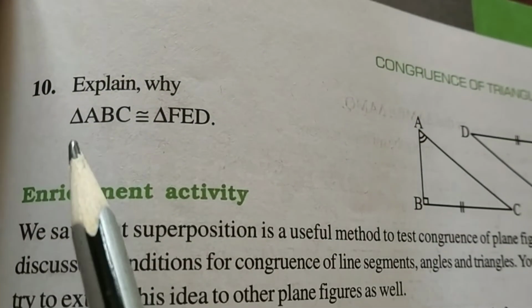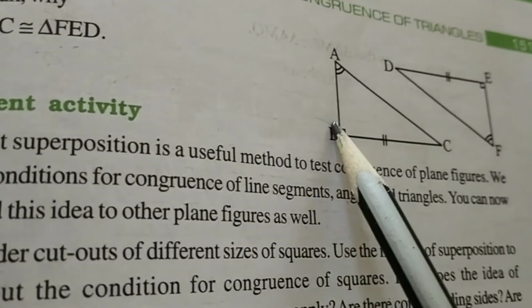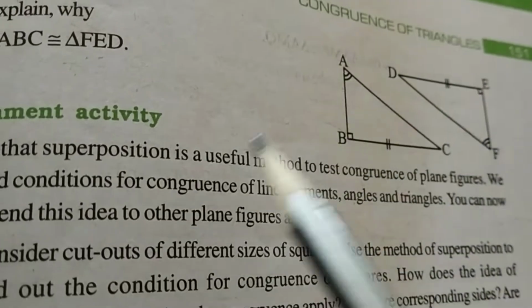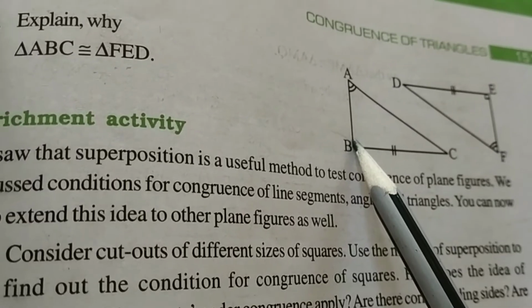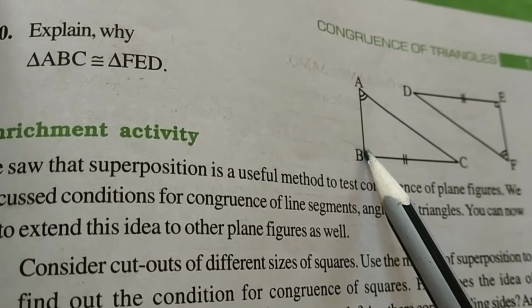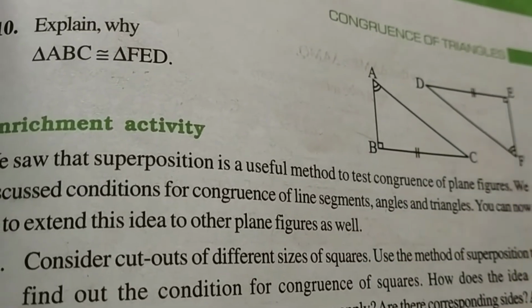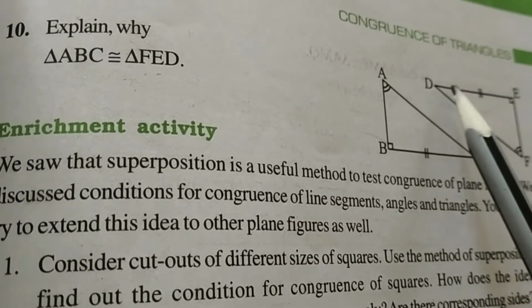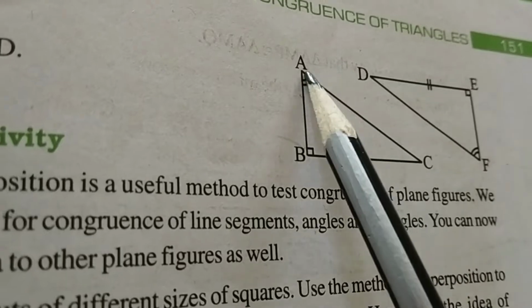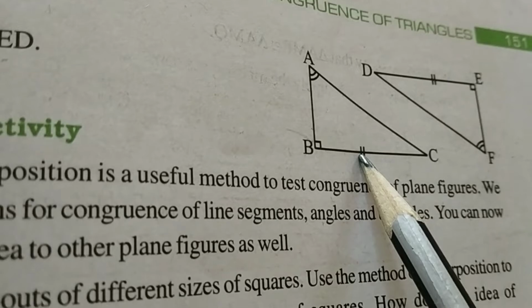Okay, next 10th question. Explain why triangle ABC is congruent to triangle FED. We know that here it is given that angle A is equal to angle F. So one angle, and here it is given that angle B equal to 90 degree, and BC equal to ED. So two angles and the side are also given.